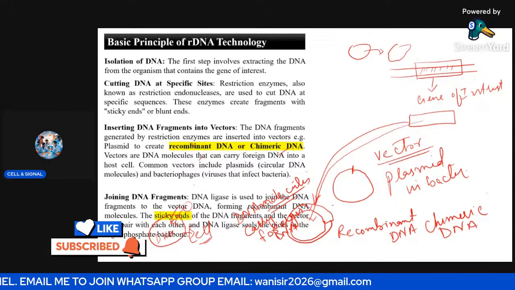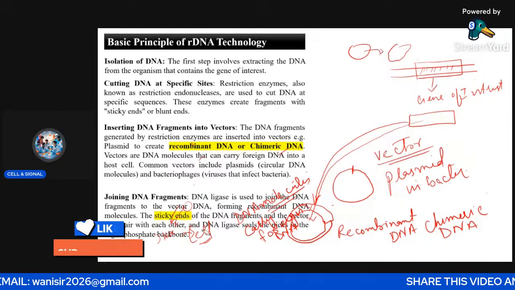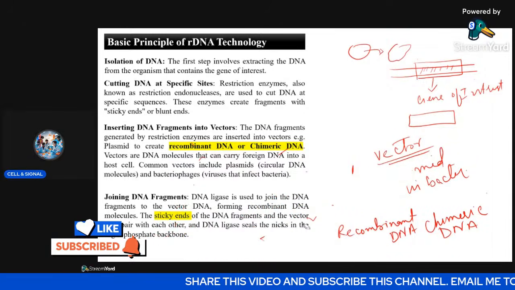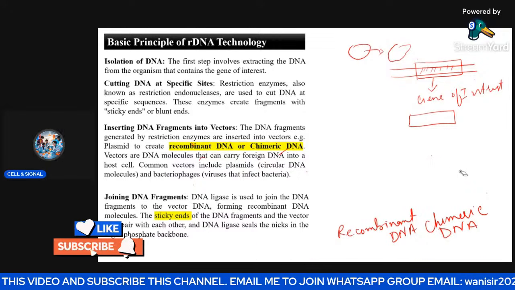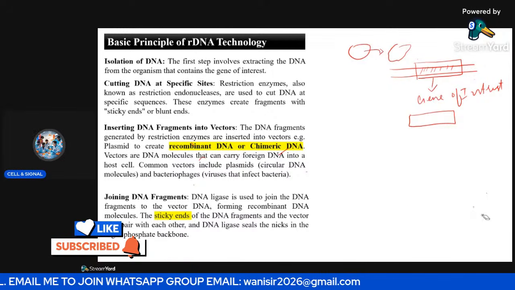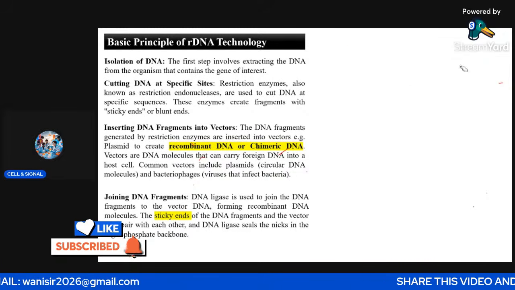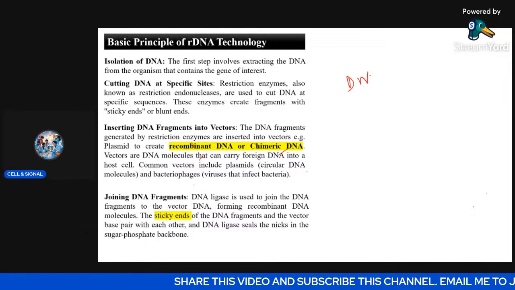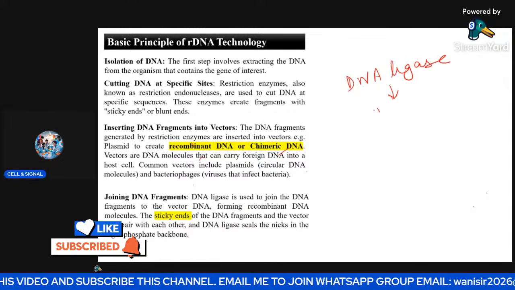Now, when I told you that we need the scissors, scissors are the restriction endonucleases. We don't really need scissors to cut this DNA, but we have the restriction endonucleases that can be used to cut this DNA. Now we need the glue as well. So what is the glue in case of recombinant DNA technology? This glue is DNA ligase. DNA ligase acts as the glue.